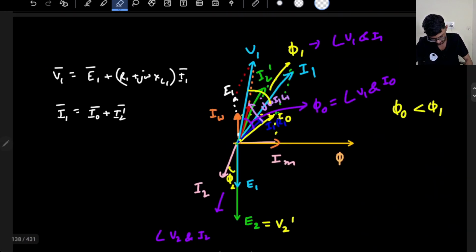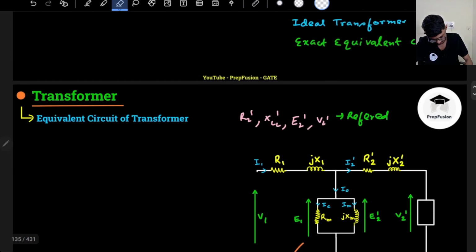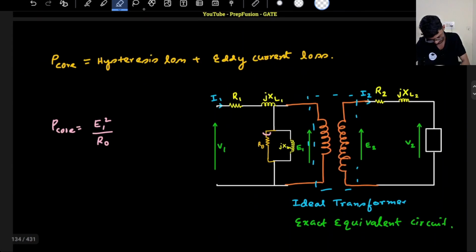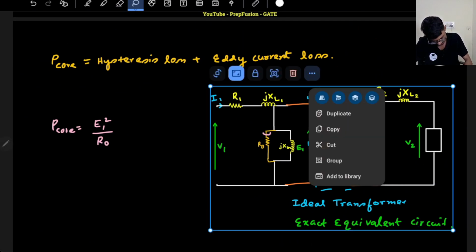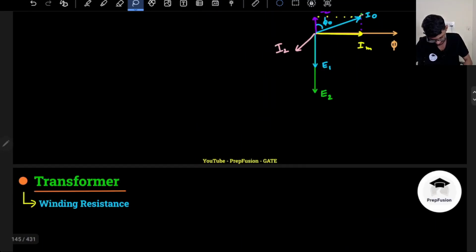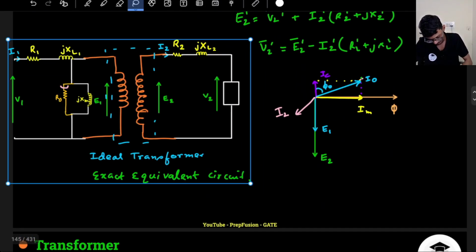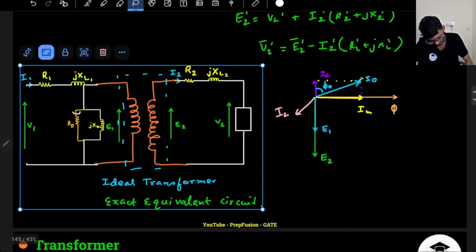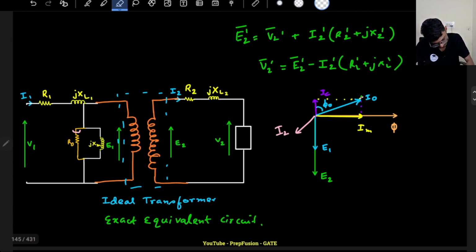Yeah, this is the circuit, the exact equivalent circuit. Here I don't have dash, nothing is referred here. All the dashes are gone.